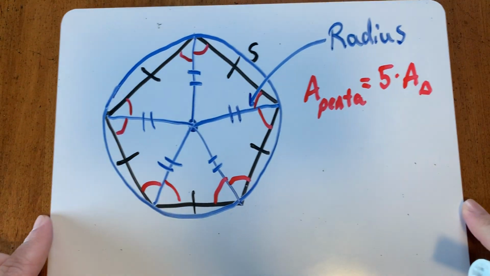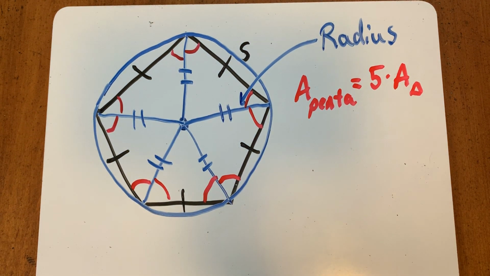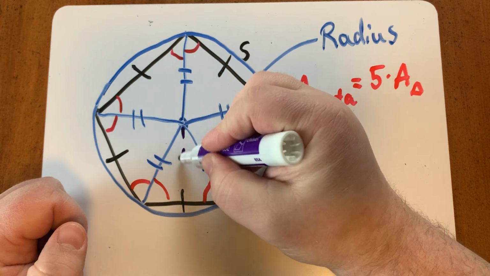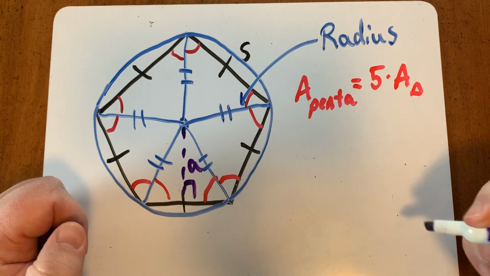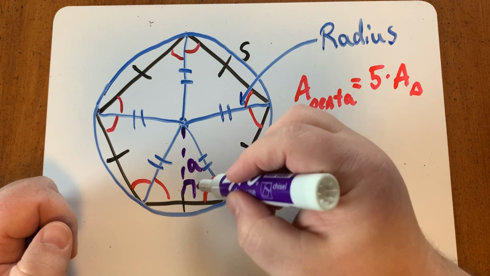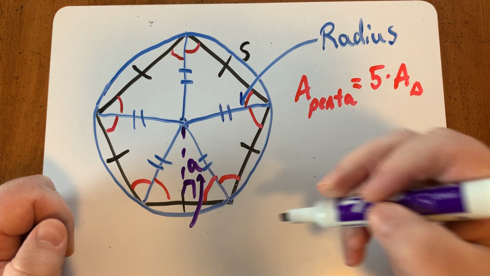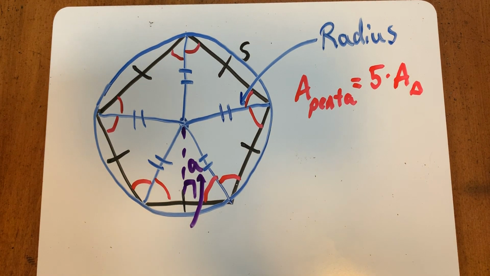So let's go back to our pentagon. So that's a. Now the reason I chose the variable a is because of what that distance is called.